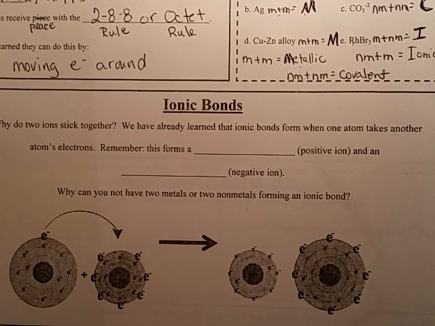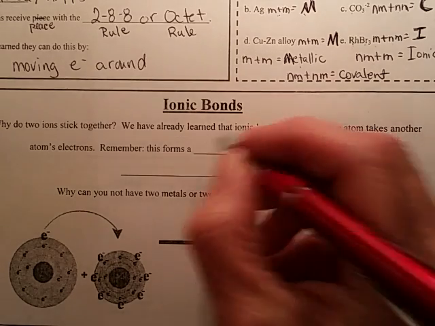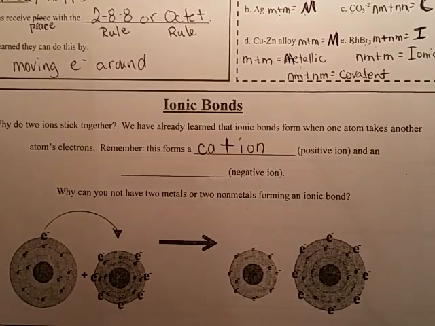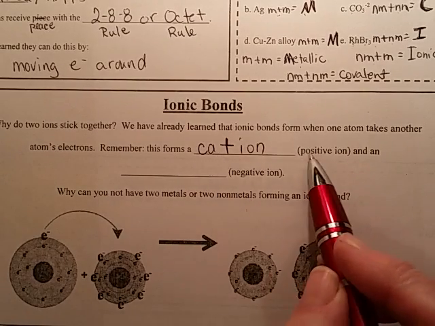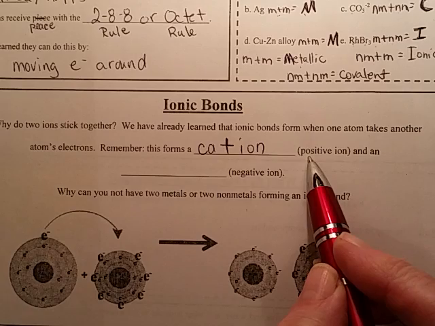So why do two ions stick together? We've already learned that ionic bonds form when one atom takes another atom's electron, or one atom loses an electron and one atom gains an electron. Remember, this forms a cation, a positive ion.